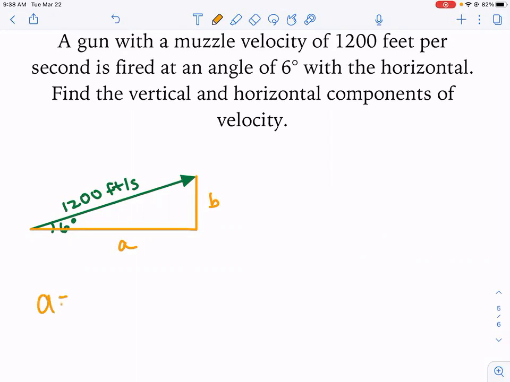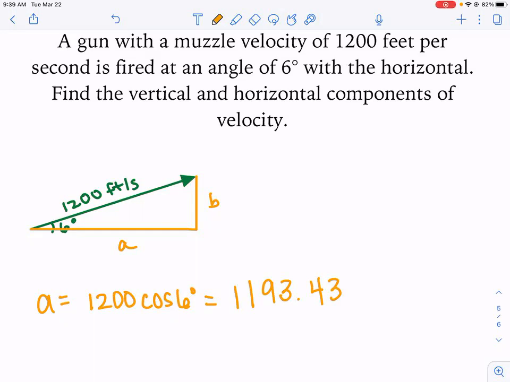Our horizontal component is just going to be 1,200 times the cosine of 6 degrees. That's 1,193.43. Is that right? Reading upside down on next calculator.